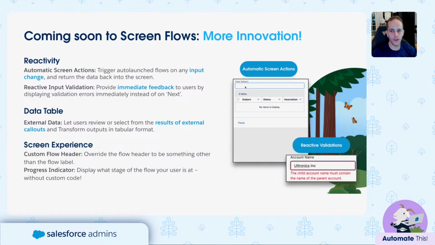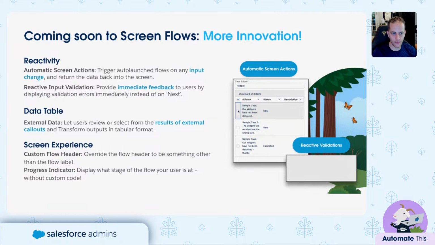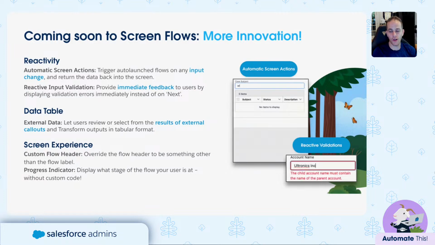The way his works is it's basically what we call a headless component that just sits silently in the background and looks for changes in your screen and hits the database, but you've got to use SOQL to do it. We want to make these screen actions automatic based off of what's passed into it. So imagine here where you're typing in a case subject, you could run a flow automatically to do that same thing, which is going to be, I think, mind-bogglingly cool, and I'm really excited about it.